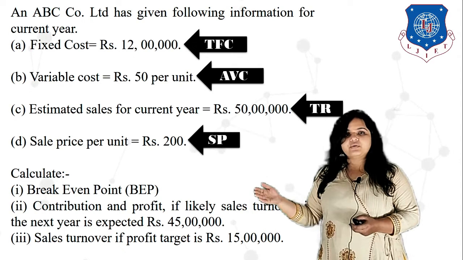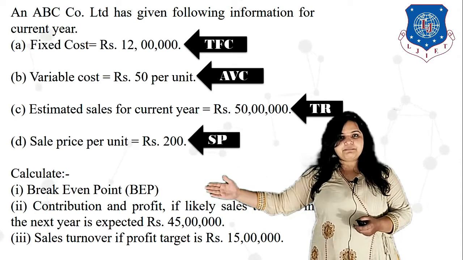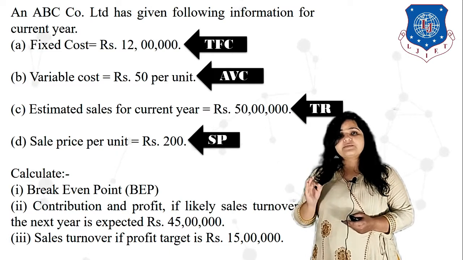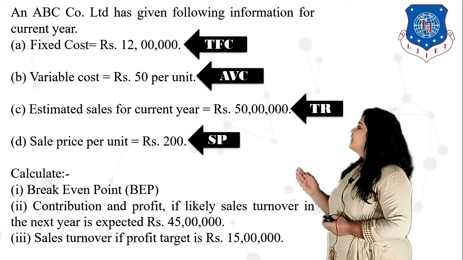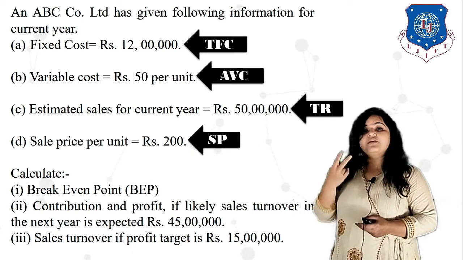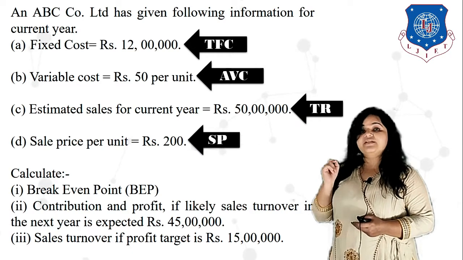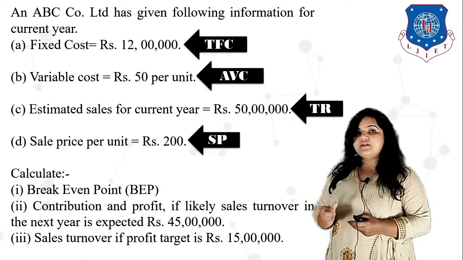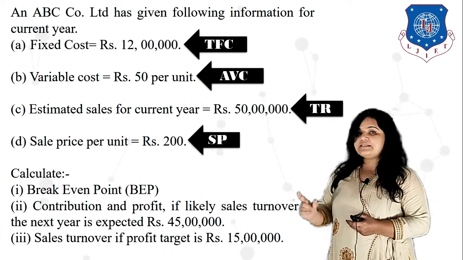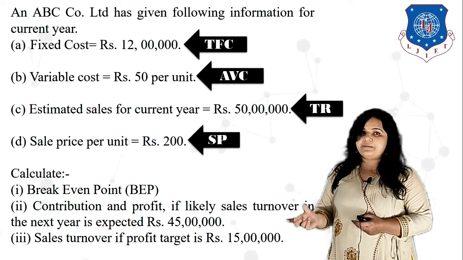We need to calculate the break-even point. Students, remember, if it is not specified whether you need to calculate break-even point in units or break-even point in rupees, you will calculate both of them.